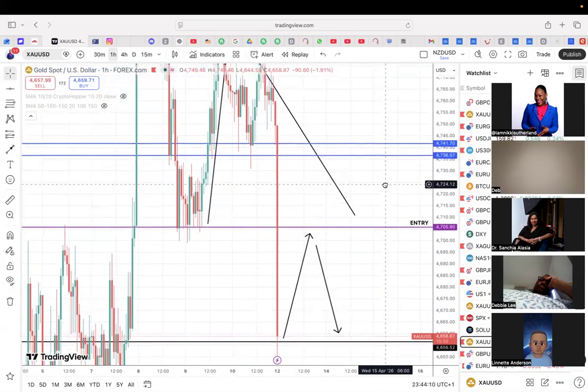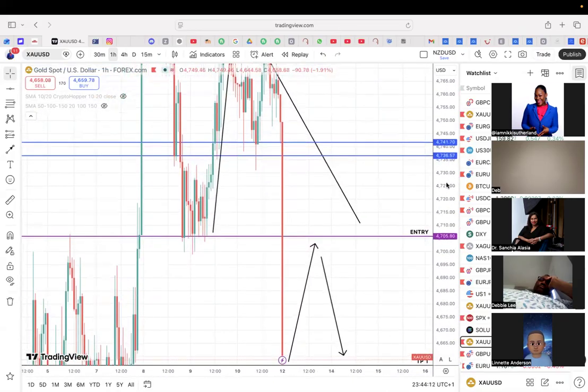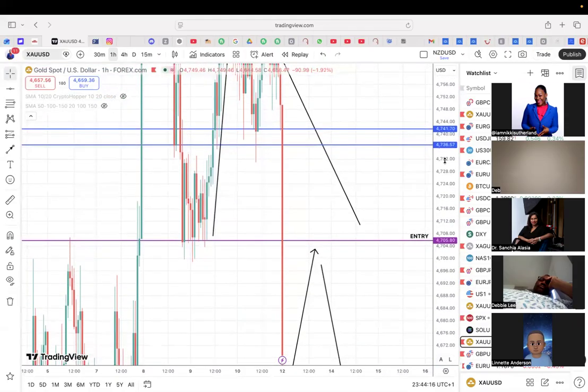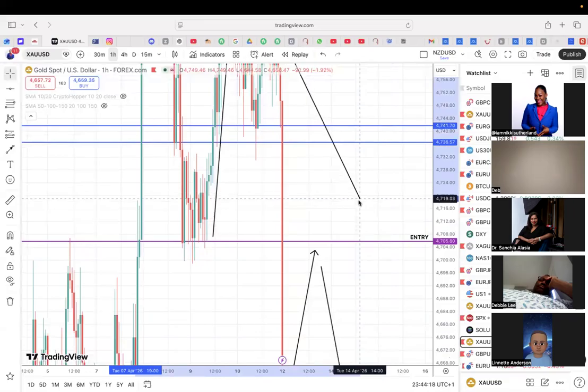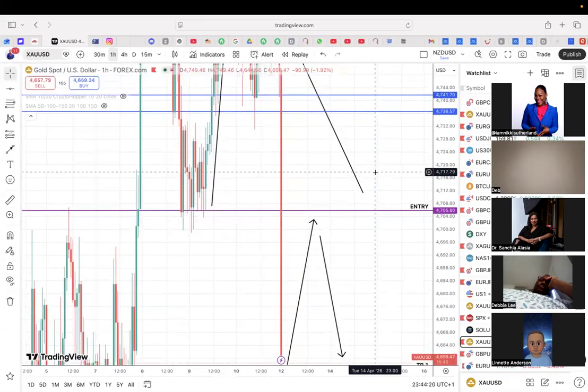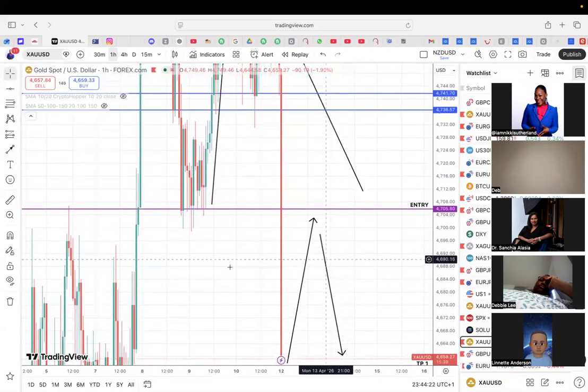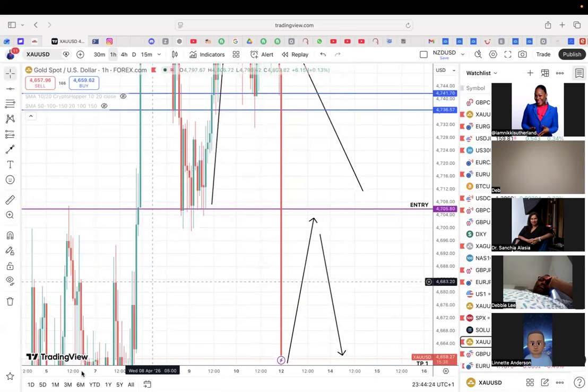Now, if we're to follow the rule of thumb, which is 50 pips, I'm just going to open this so you guys can see. Is everyone typing 4705? Let me just make sure my chat box is right. Then 50 pips on 4705 is 4710.